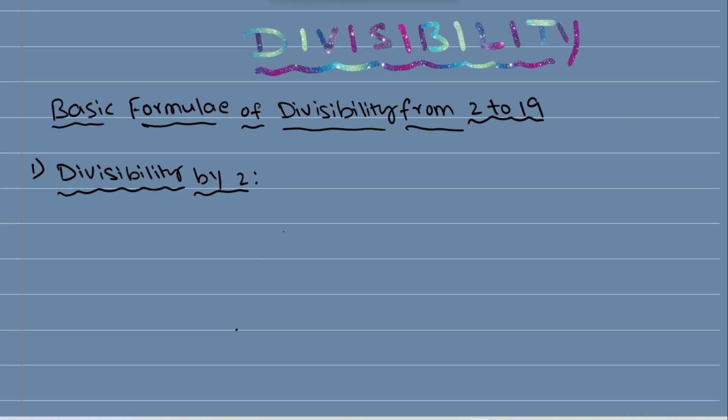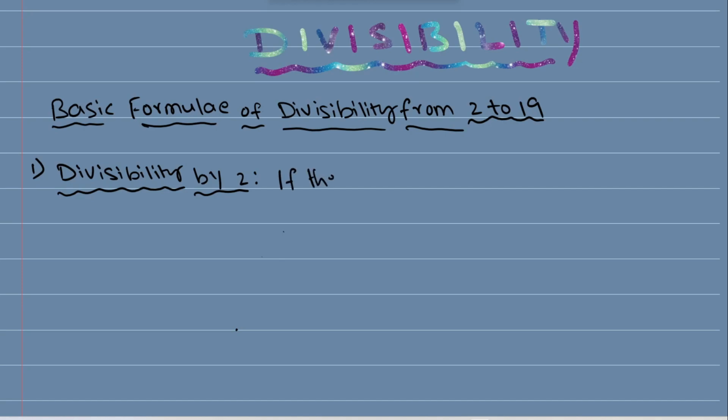If the last digit of a number is 0 or an even number, then that number is divisible by 2. I'll give you the example also. Don't worry, I'll write it down.